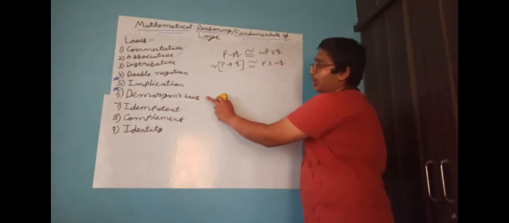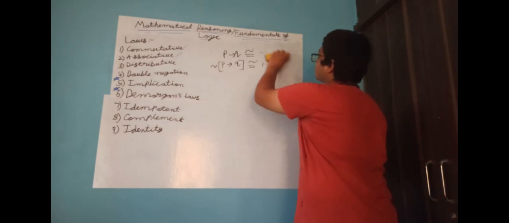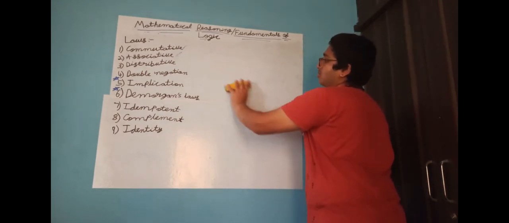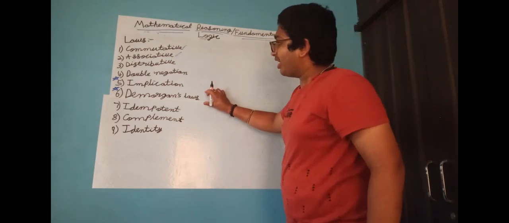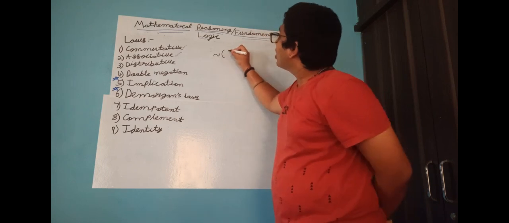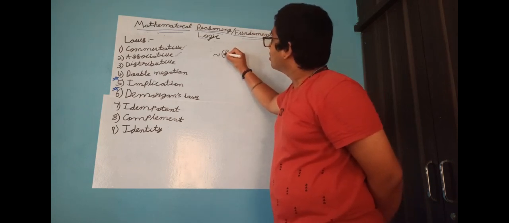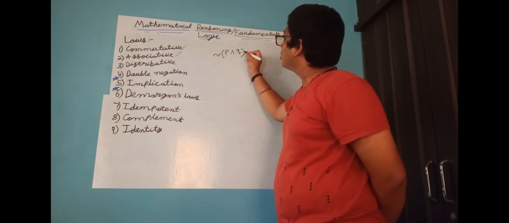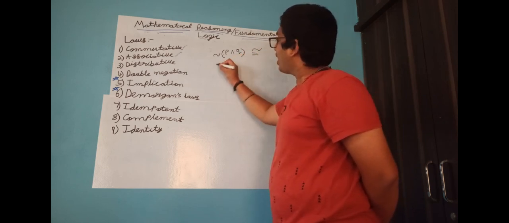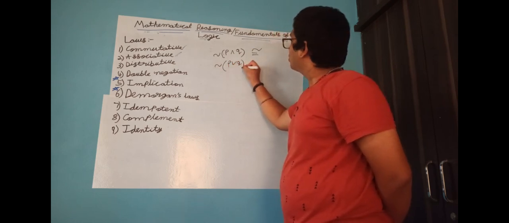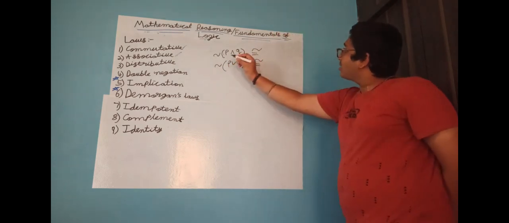Now next, coming to De Morgan's laws. In De Morgan's laws we work with negation. If you take negation of P and Q, and negation of P or Q, what will we get?